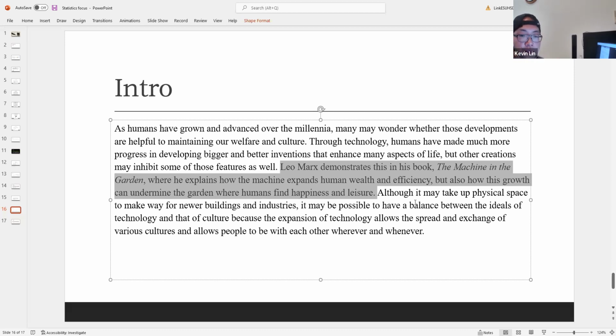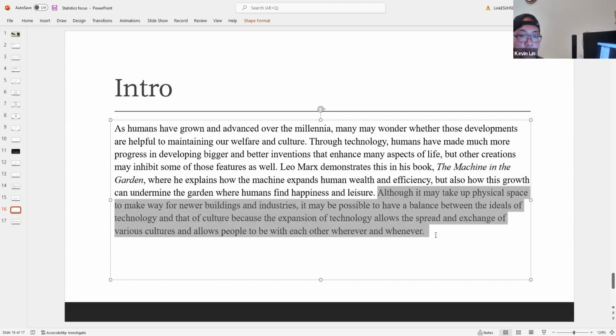So the student notices the issue, and they said in their thesis, although it may take up physical space to make way for newer buildings and industries, it may be possible to have a balance between the ideals of technology and that of culture, because the expansion of technology allows the spread and exchange of various cultures and allows people to be with each other, wherever and whenever.